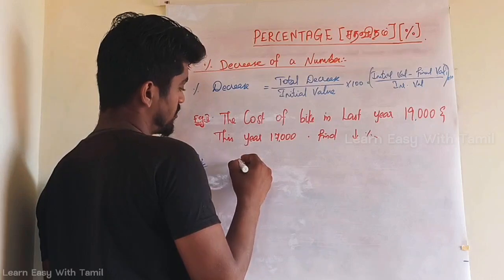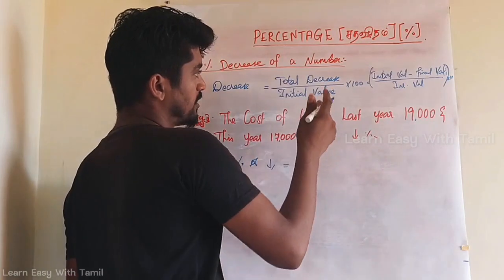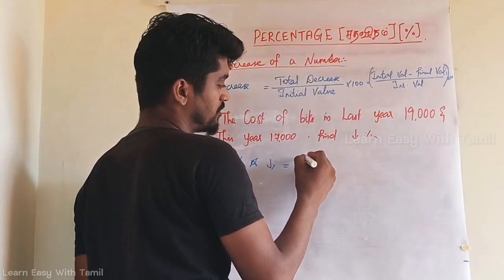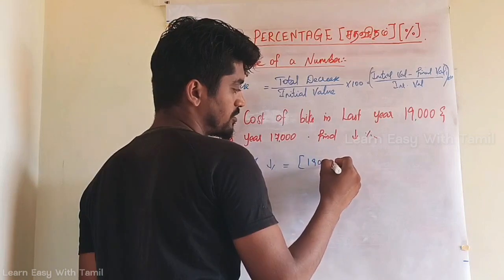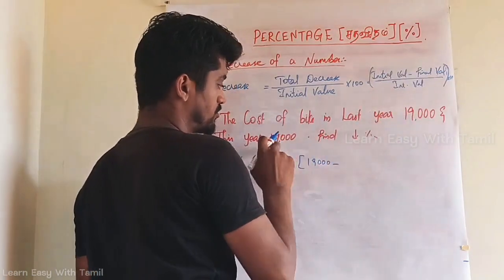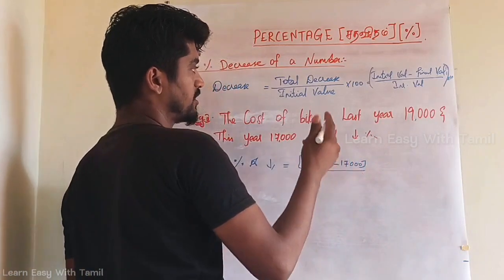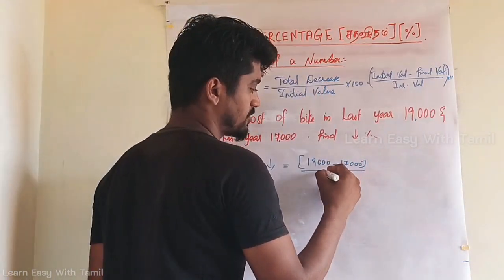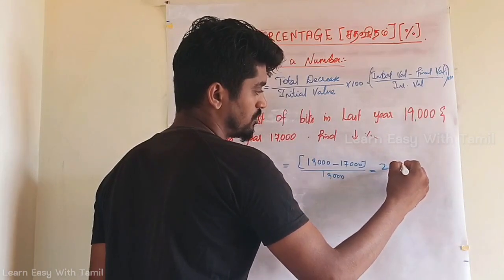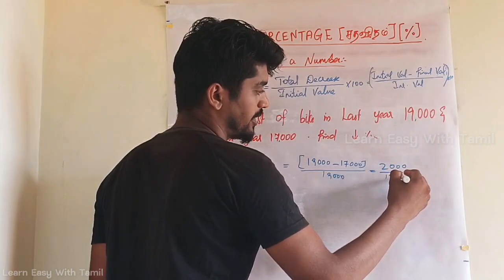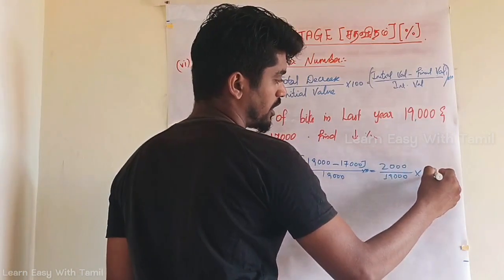From that formula, percentage of decrease is the total decrease value. It's nothing but the initial value 19,000 minus the final value, current year 17,000, divided by the initial value 19,000, is equal to 2,000 divided by 19,000, into 100.